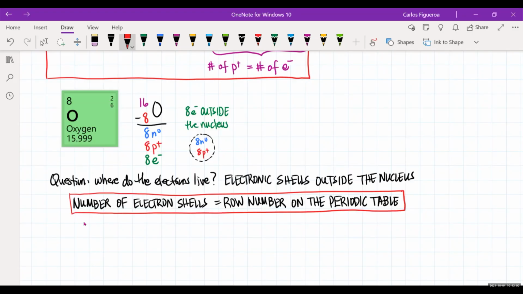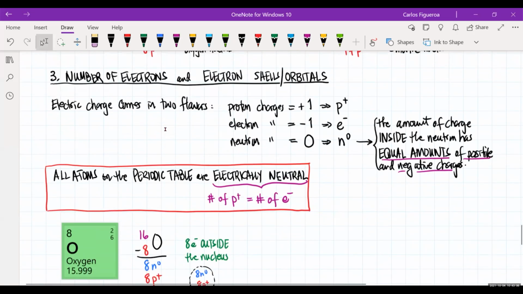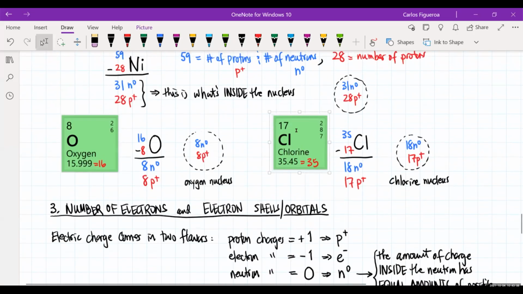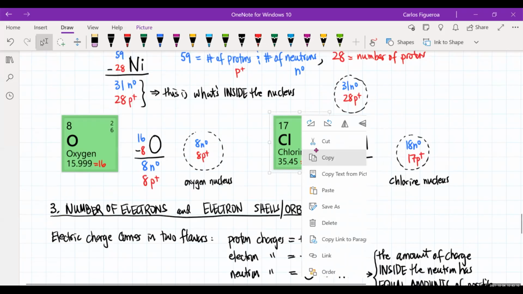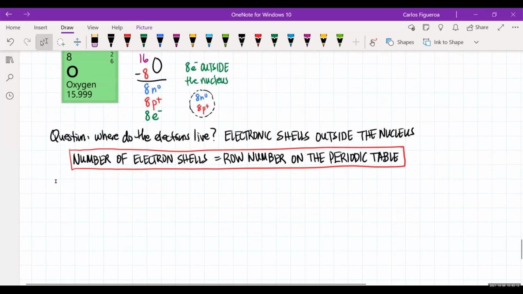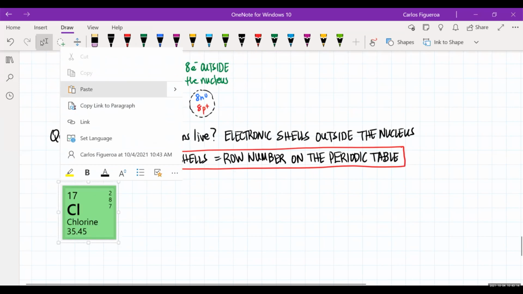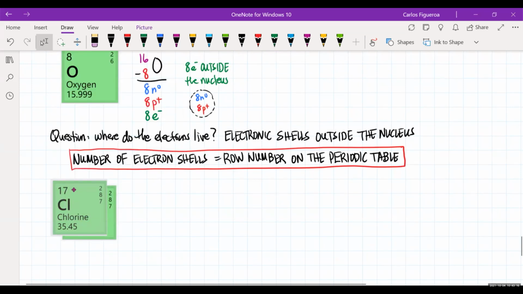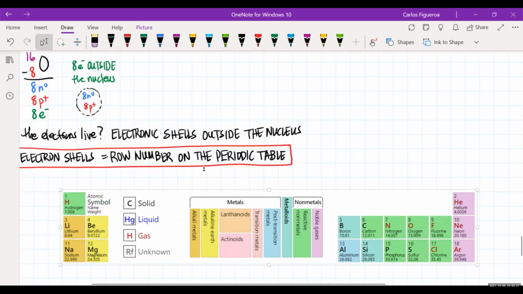Okay, so let's go do this. I just did oxygen. How about if I grab chlorine this time? So let's look at chlorine. I need to get the first 3 rows on the periodic table. I hope this isn't too big.